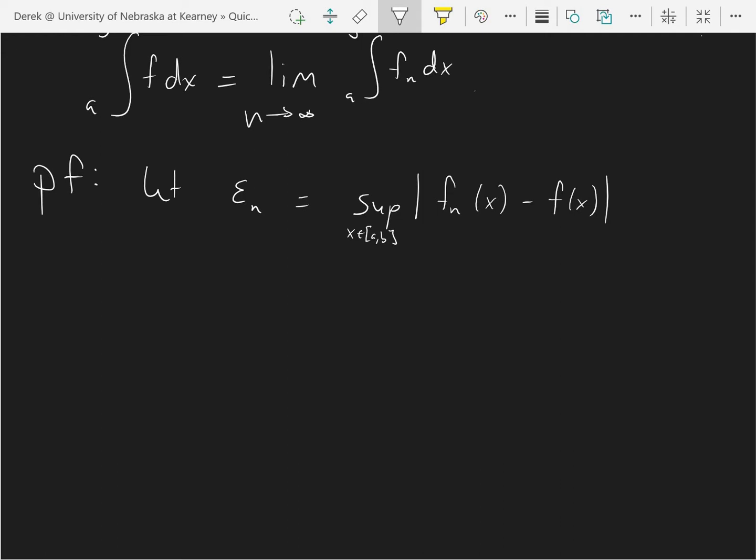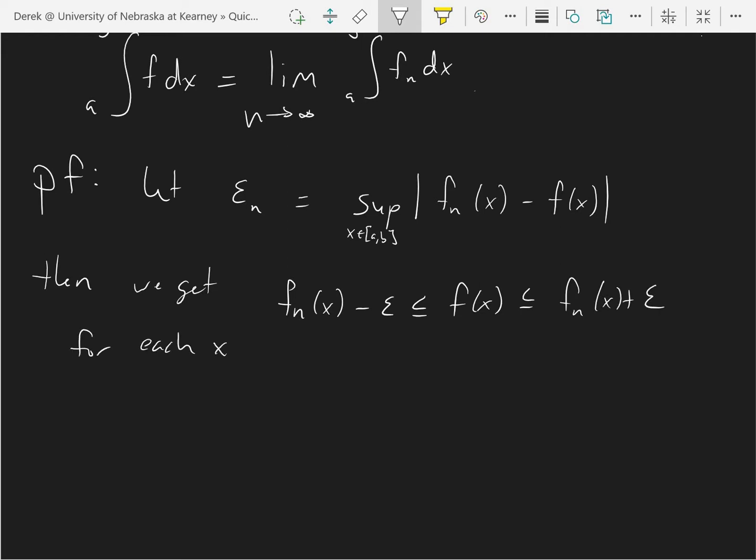So I get a different epsilon, sort of how far away f sub n is. Then we get that f sub n at x minus epsilon sub n is less than or equal to f at x, which is less than or equal to f sub n at x plus epsilon sub n, for each x in [a, b].